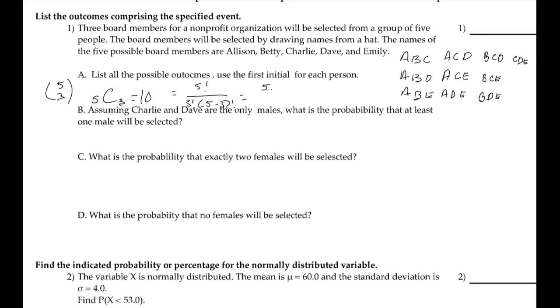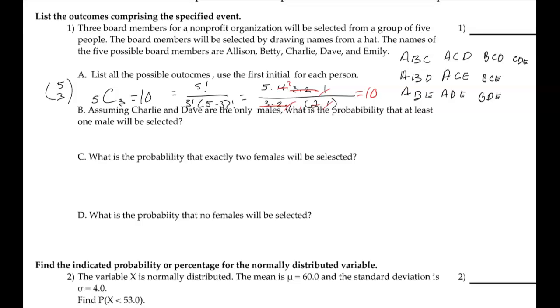Just a reminder, it means 5 times 4 times 3 times 2 times 1. 3 factorial is 3 times 2 times 1. 5 minus 3 is 2. 2 factorial is 2 times 1. Well, here's the deal. When we're multiplying anything by 1, the 1's can cancel away because that's not going to change anything in multiplication. I have a 3 times a 2 on top and a 3 times a 2 on the bottom. 2 goes into 4, 1 time, 2 left over, 5 times 2 equals 10. So either way, we get 10.